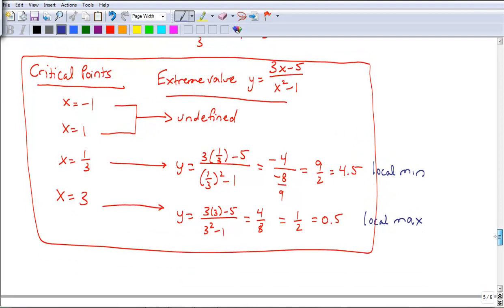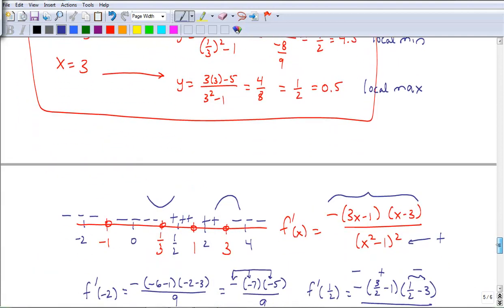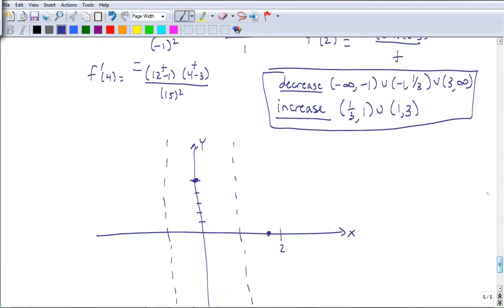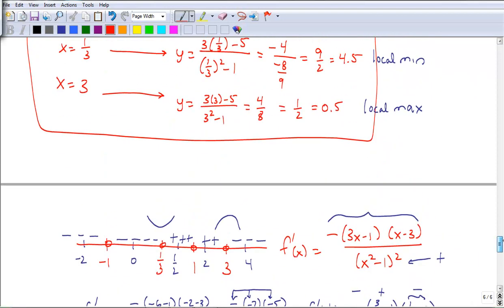And then we know where our critical points are. At 1/3, we're at 4.5. So 1/3, 4.5. I'll put the critical points in as red. And another critical point at 3, 1/2.